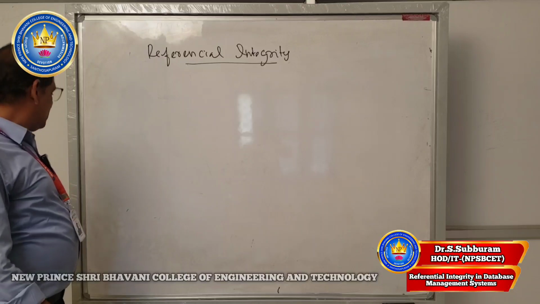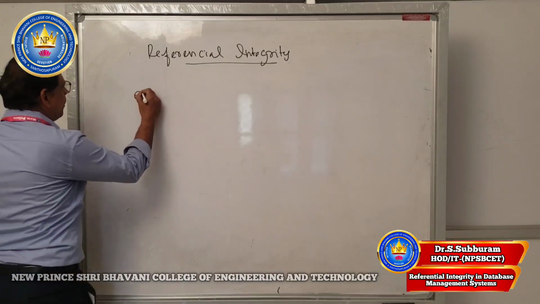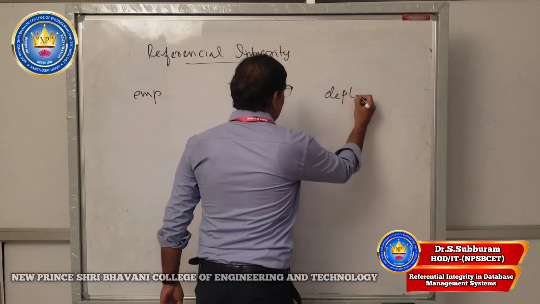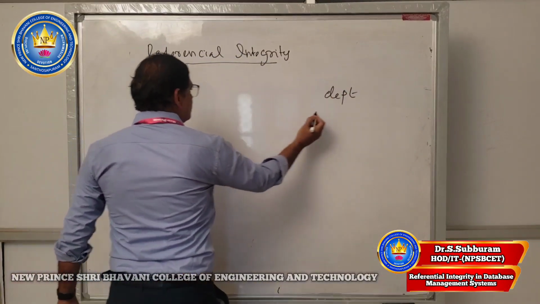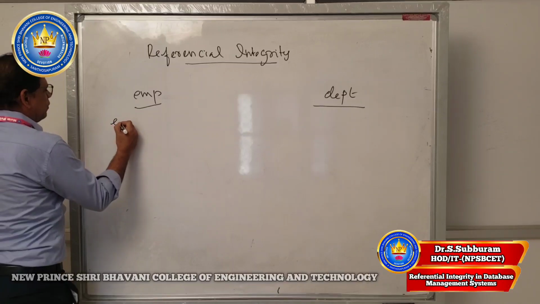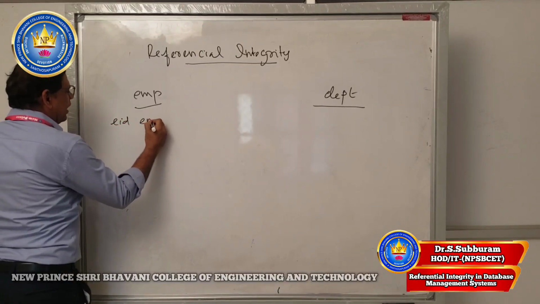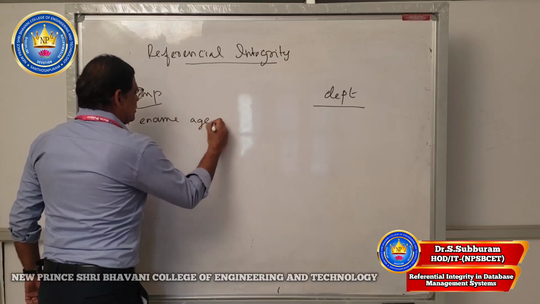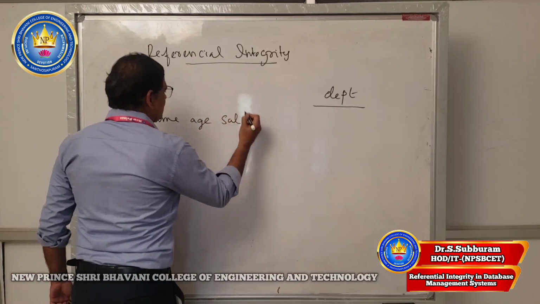For example, consider two tables, employee and department. In the employee table, we can have the fields employee ID, employee name, age, salary, as well as email ID.